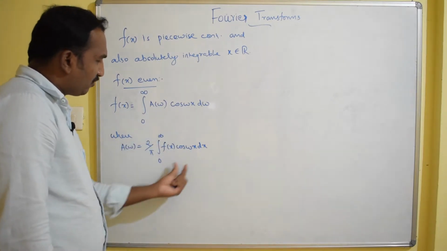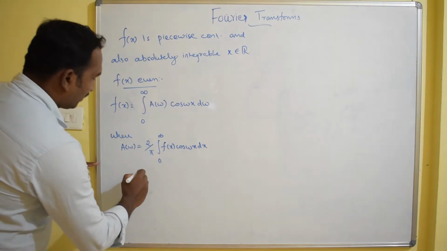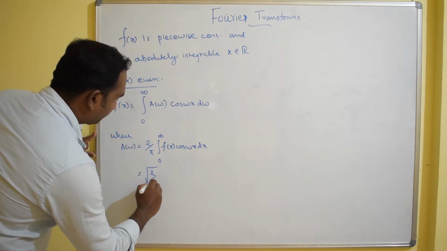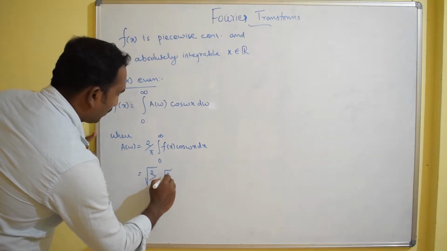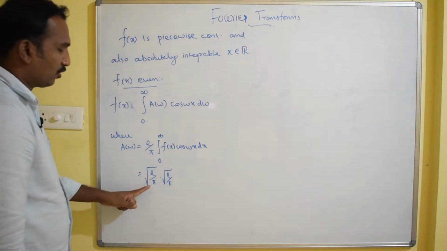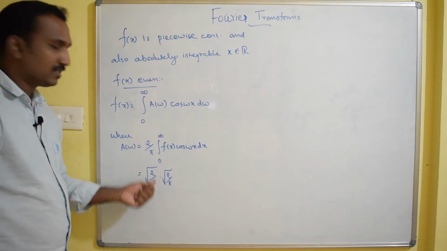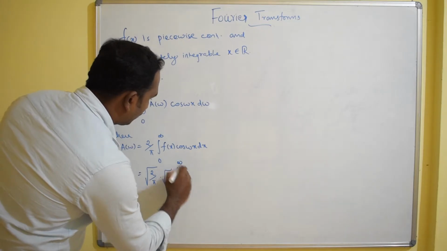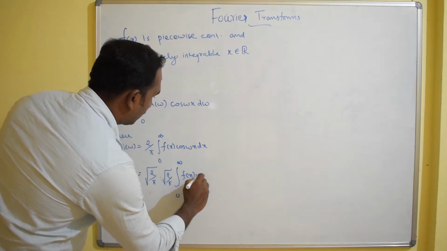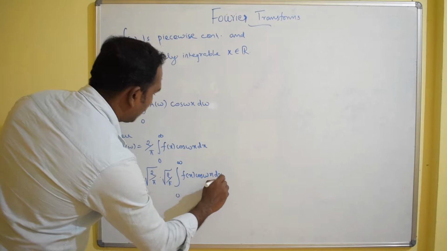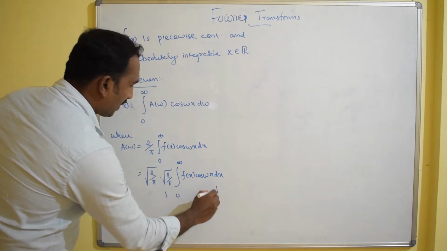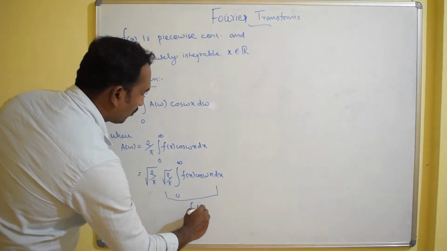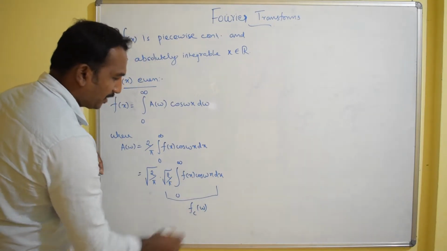Here I am going to do a slight modification: the 2 by pi can be written as root of 2 by pi and root of 2 by pi. If you multiply them, the roots will cancel and you will get the original value. In this I am going to consider F c of omega, or you can take capital F also.